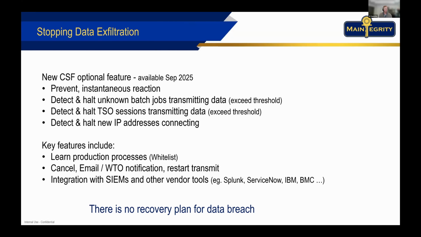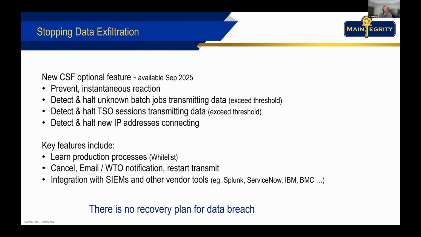The knowledge of what is part of your production system and what standard characteristics of that within your production environment is very important. So it's critical that not only can we identify data exfiltration, we can learn about the production processes and the characteristics of those so that we can initiate a cancellation if we need to, or we can initiate the real-time notification.